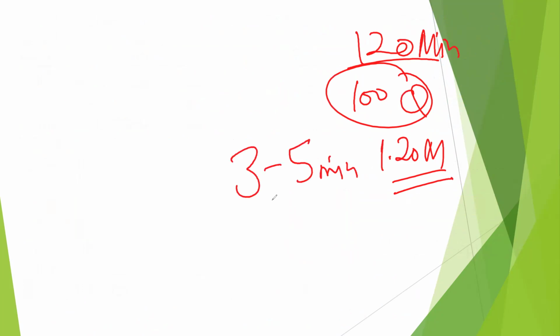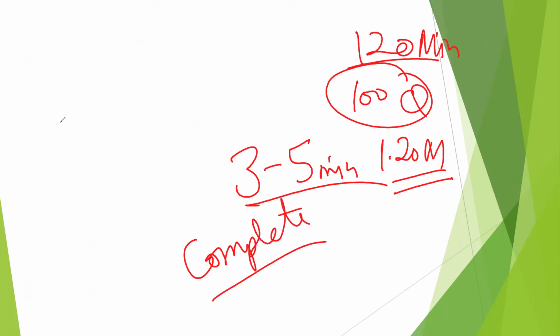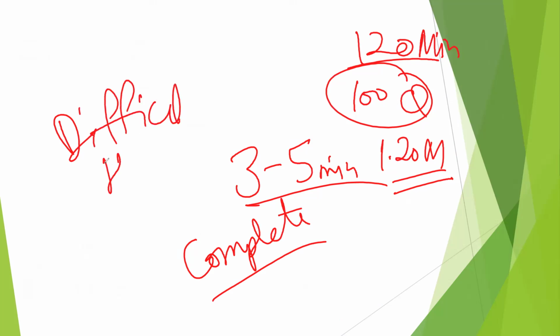So you can see here you have only 1.20 minutes for each question. But some questions will take 3 minutes, some will take 5 minutes. So some candidates are not able to complete their exam. The difficulty level of the exam is already very high, and moreover you have the time pressure.